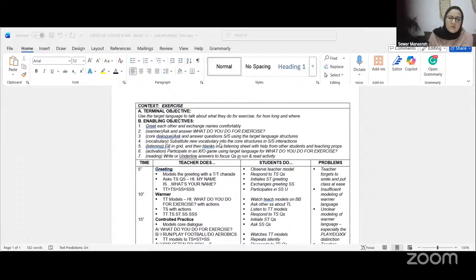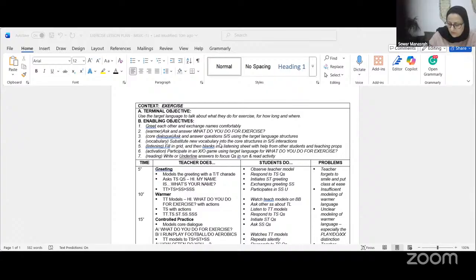So once we determine the terminal objective, we look at enabling objectives. All right. These are what we call SMART. The terminal objective doesn't necessarily have to be SMART. It just has to solve a problem. Okay. But these enabling objectives must be SMART.